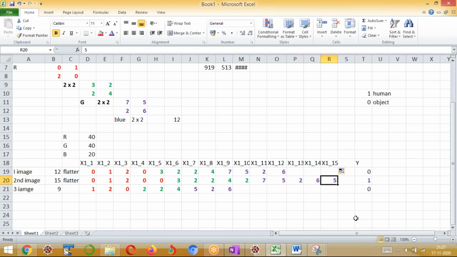Whichever contains the highest number of pixels, on that basis it will calculate the number of columns, and the remaining values will automatically be taken as zeros. Understanding what I'm saying? So this is what is going to happen.